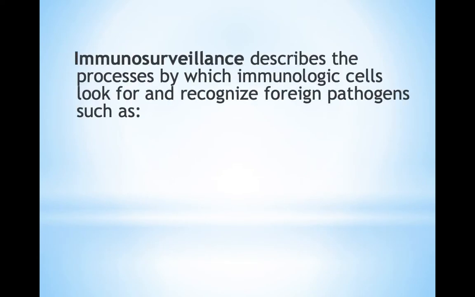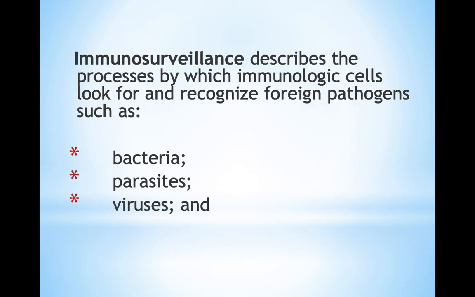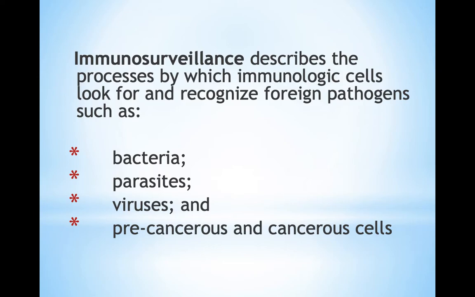Immunosurveillance, as a review, is an all-encompassing term. We define immunosurveillance as a process by which immunologic cells look for and recognize. So there's active searching and specific recognition of foreign pathogens such as bacteria, parasites, viruses, and within us, those cells that are precancerous or are already cancerous.